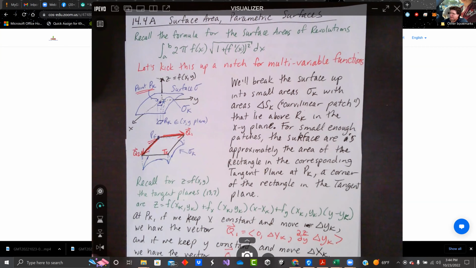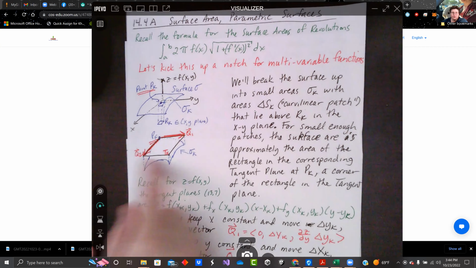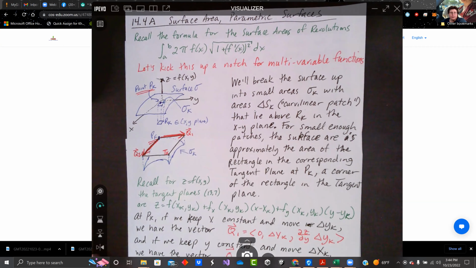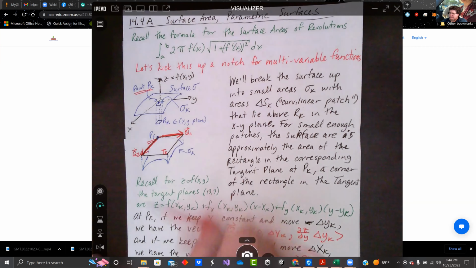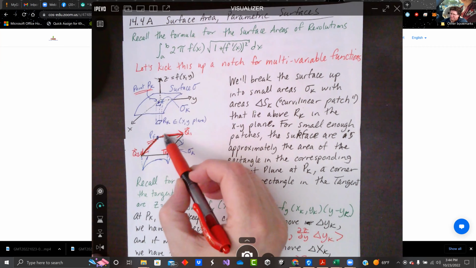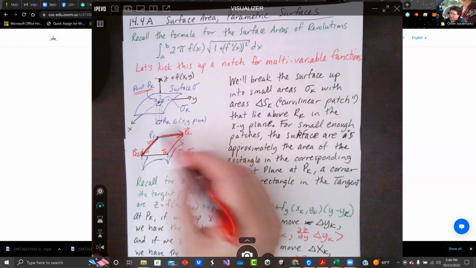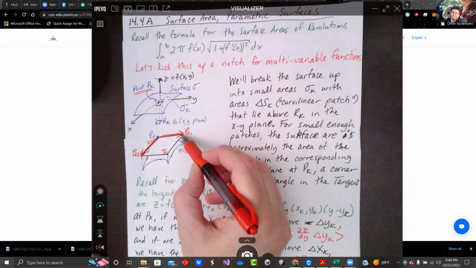We can make this rectangle using two vectors. For one vector, we hold x constant and just move in this direction, a distance delta yk.